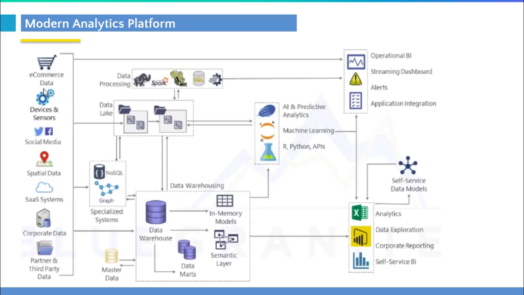So this is the overall analytics platform, where we know that there are a lot of data generating activities like e-commerce data, services, sensors, social media, geospatial data, right, SaaS systems, corporate data, right, banking systems. So many things are there, right?